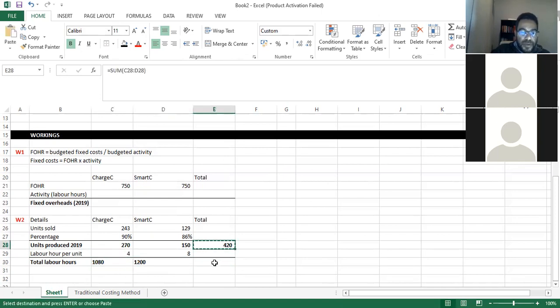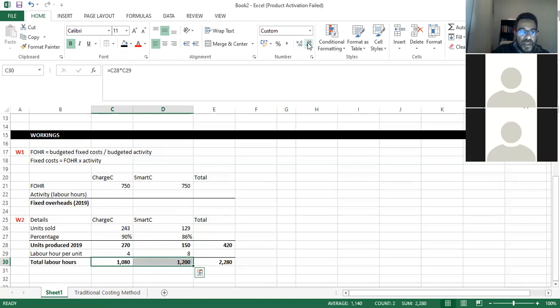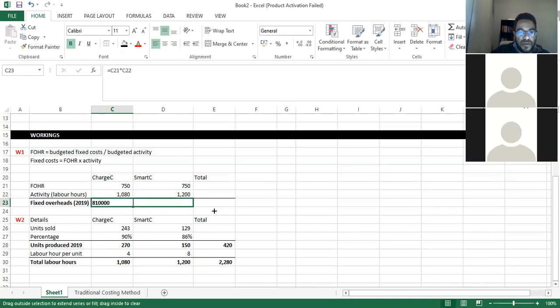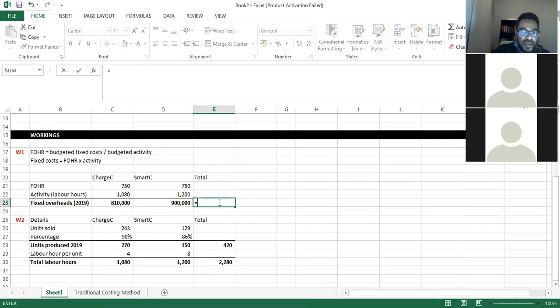If I add it all up, we will get that amount of labor hours. So now I can just plug this in. If I say 750 multiplied by 1080, it's 810,000. So therefore, the fixed overheads for 2019 is that sum.